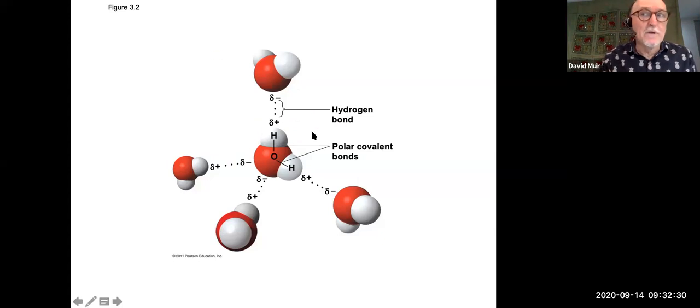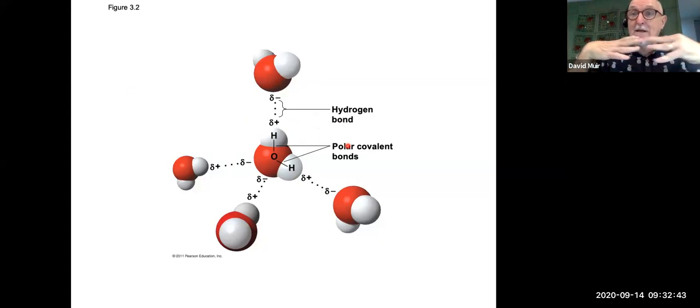The number of bonds is high, but they're not terribly strong. That imparts liquidity to the water, but because the molecules are attracted to one another like this, it also gives water viscosity.